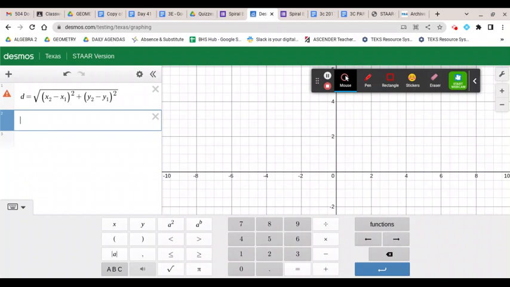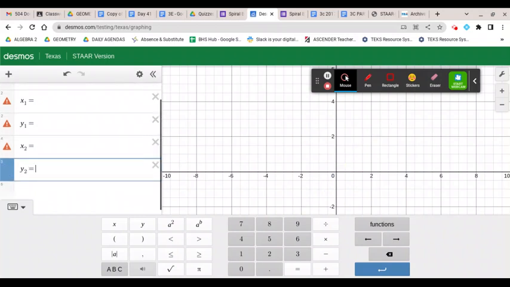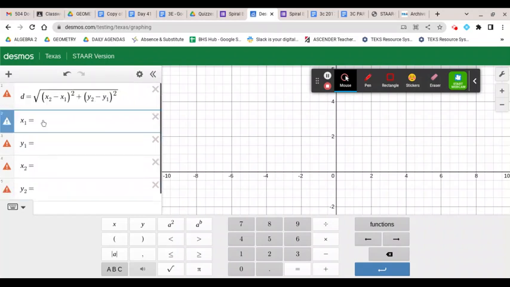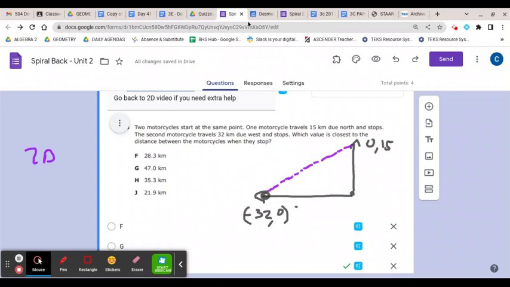All right, now if we unpause it, we have X1 equals, Y1 equals, X2 equals, Y2 equals. We need to type in numbers for X1, Y1, X2, Y2 into these slots, and then it'll automatically calculate our distance. Going back to our warm-up, the two points are 0, 15 and -32, 0.